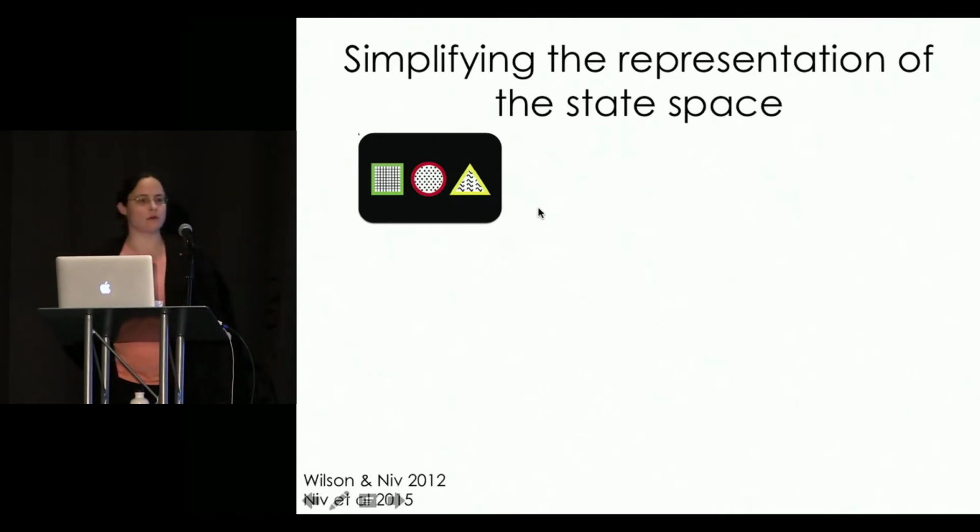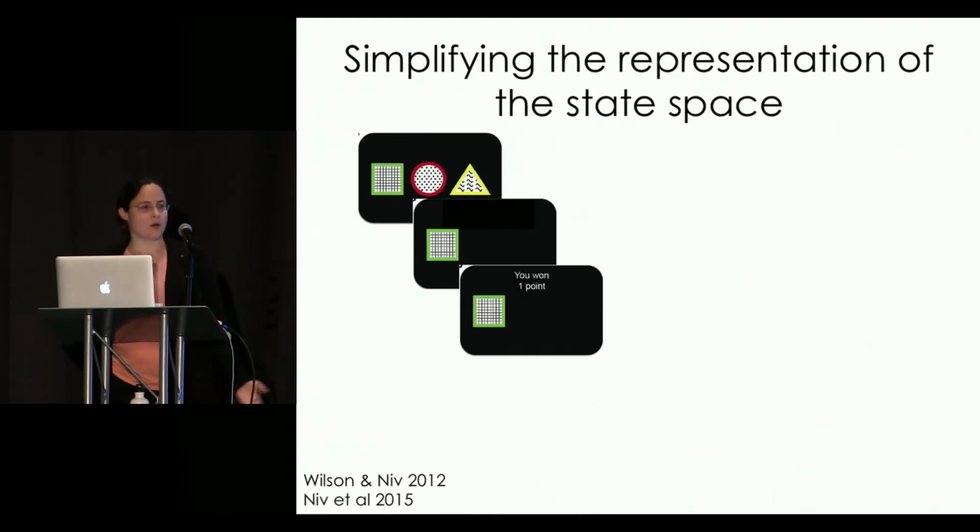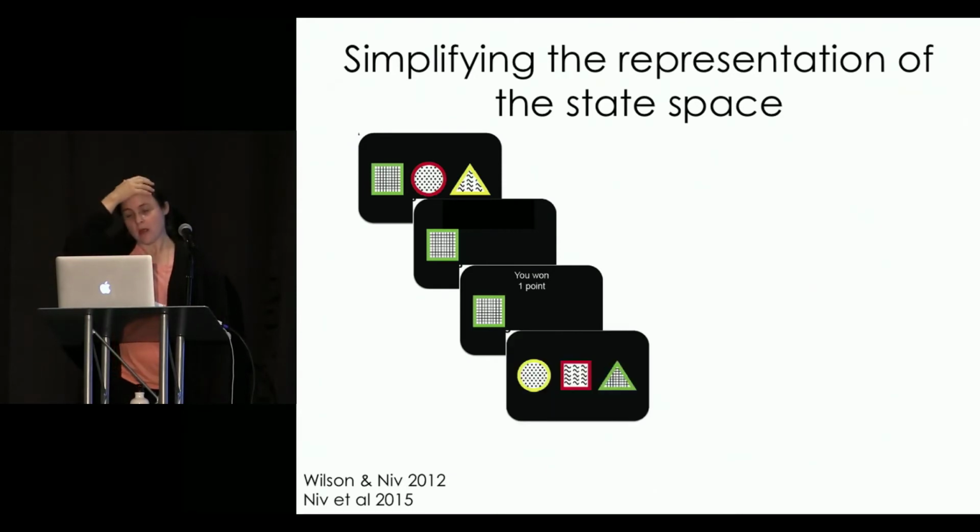Okay, and the participant's job is to pick just one of the three, and once they pick one, for example, the green square with the grid filling here, they may or may not win 1 point, and then they get on to the next trial. Okay. And their job is to win as many points as possible.